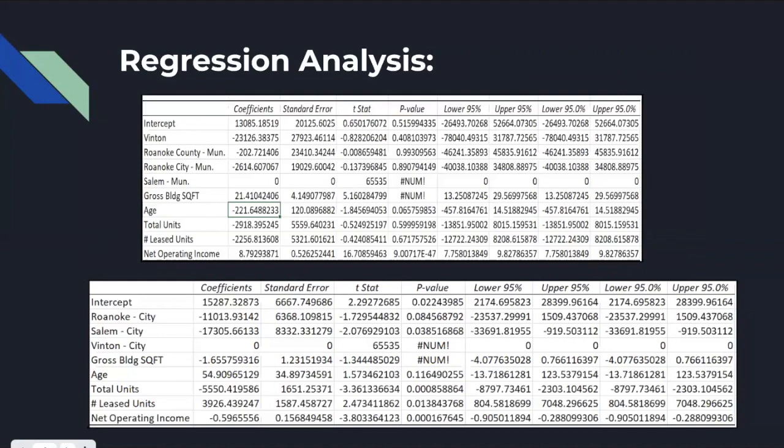In the top one, your reference category, which is the category chosen by Excel, is the municipality of Salem. In the second one, the municipality was changed to Benton as the reference category. How this will impact our subject property we'll cover a little bit later.